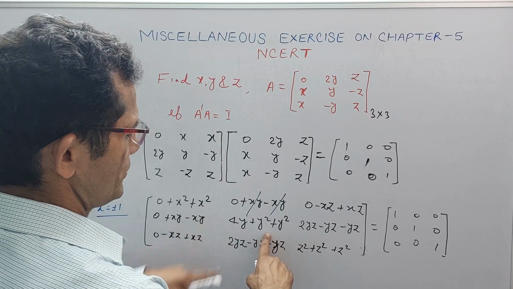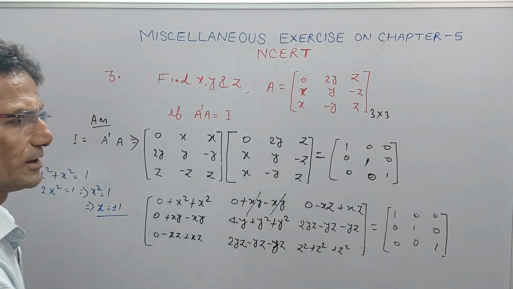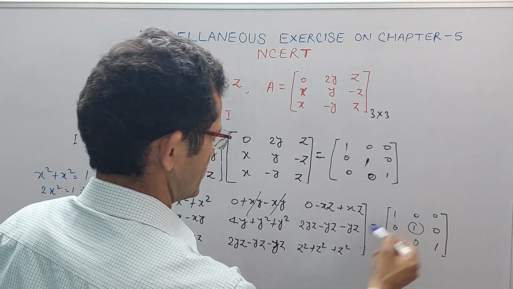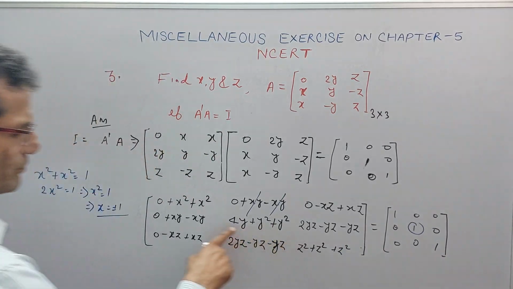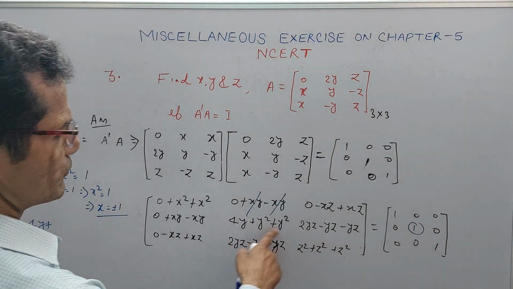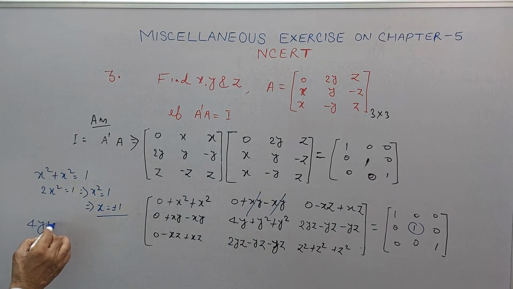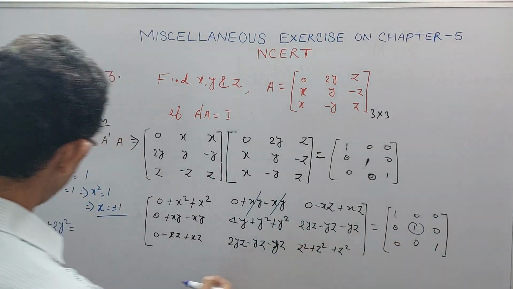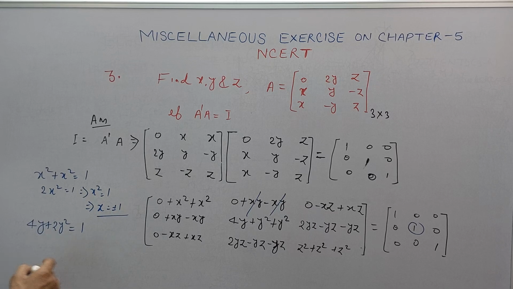The second row, second column element should be equal to this one. Now using this one, 4y plus y square, 2y square is equal to 1. This is the quadratic equation, and now we have to solve this quadratic equation.